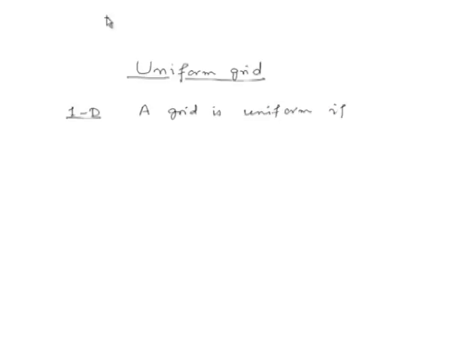We would say that a grid is uniform, if you are dealing with a one dimensional problem, 1D, a grid is uniform if the spacing between each pair of grid points is the same.